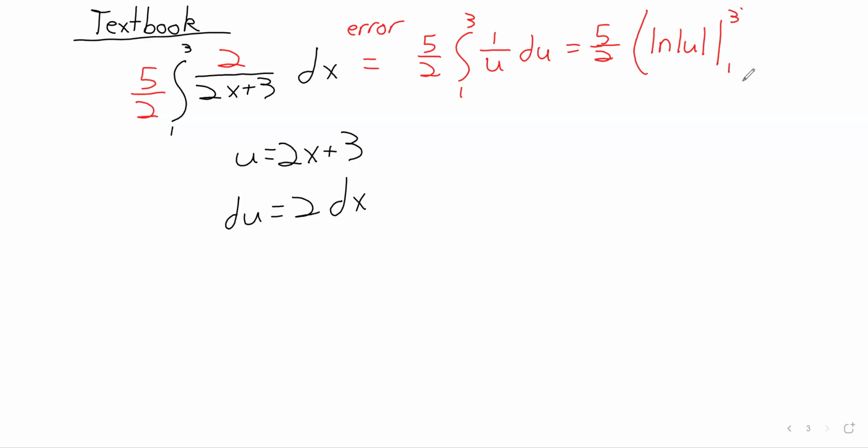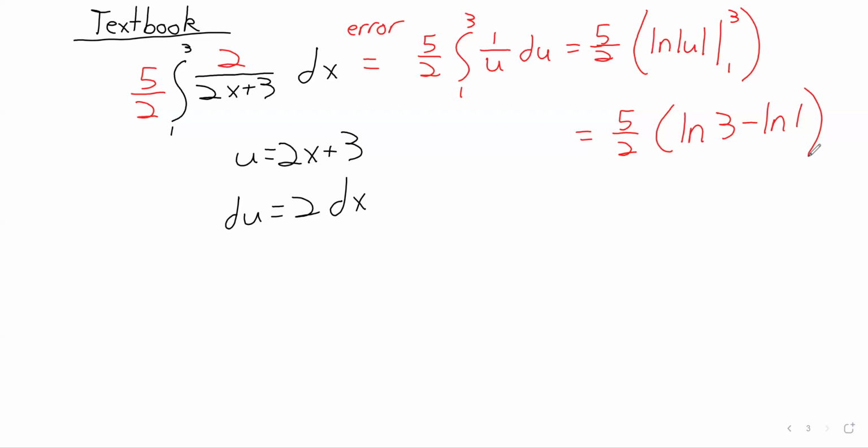We're going from 1 to 3. The antiderivative of 1 over u is the natural log. So we get 5/2, the natural log of 3 minus the natural log of 1.